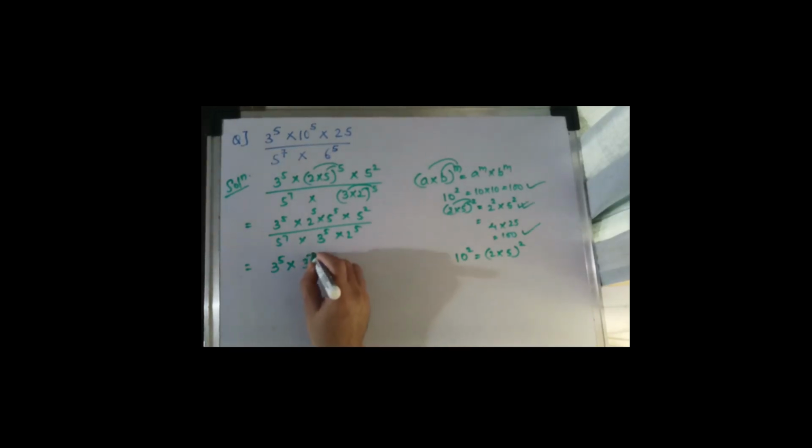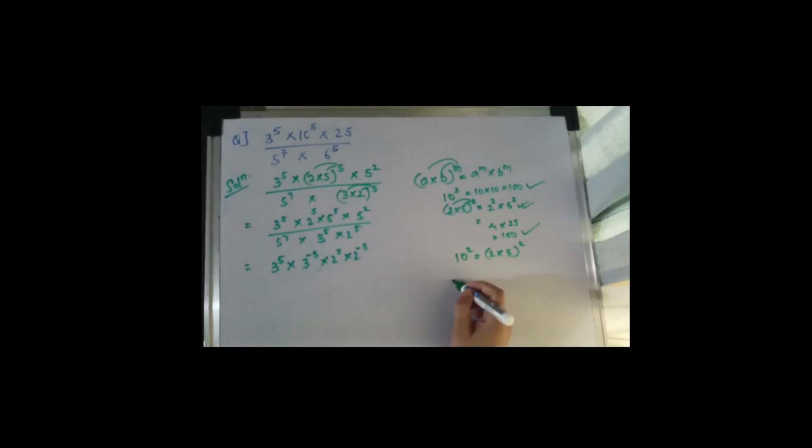So 3 raised to minus 5 it will become. Then we have 2 raised to 5, and here also we have in the denominator 2 raised to 5, so I'll write 2 raised to minus 5 because I am shifting this. Whenever a number with exponent travels from numerator to denominator, the sign of the power will change.